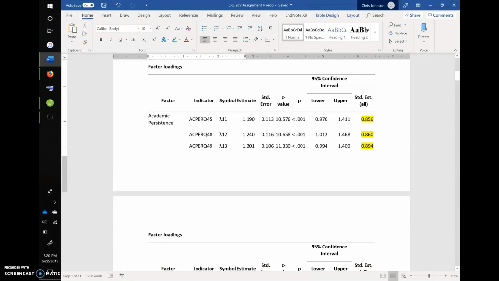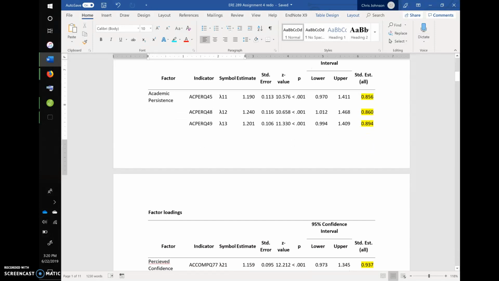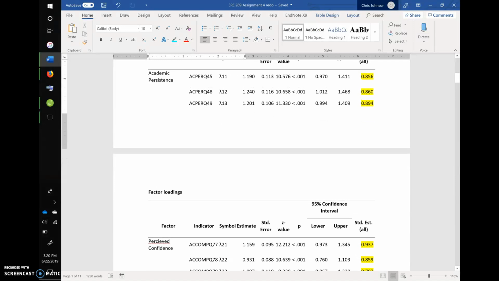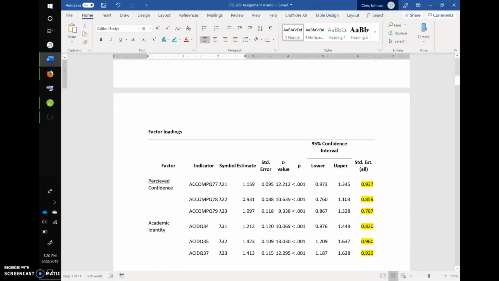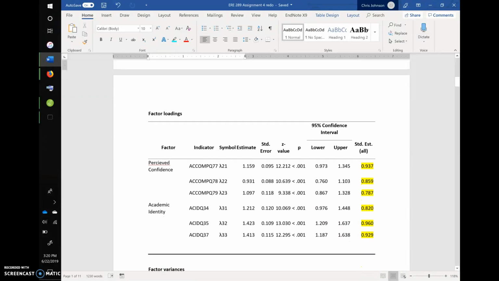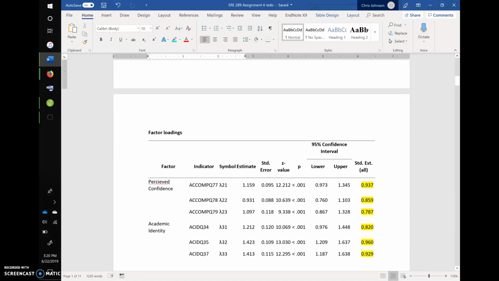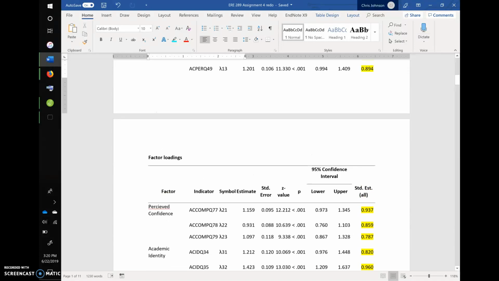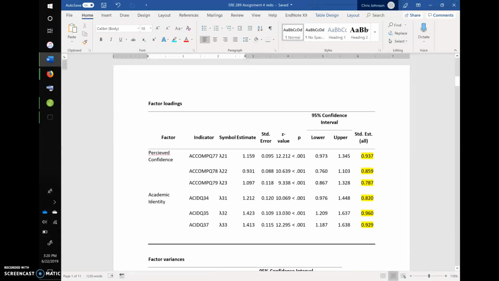Here we find the factor and path coefficient. Here we can see it highlighted that they are all above the 0.40, like you had mentioned before. And we found that they are all significant as well.